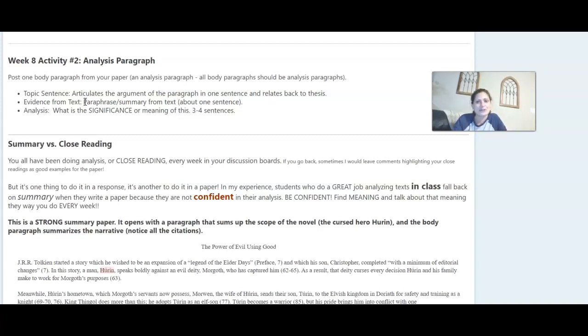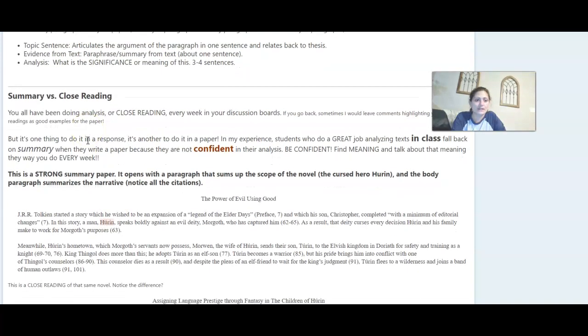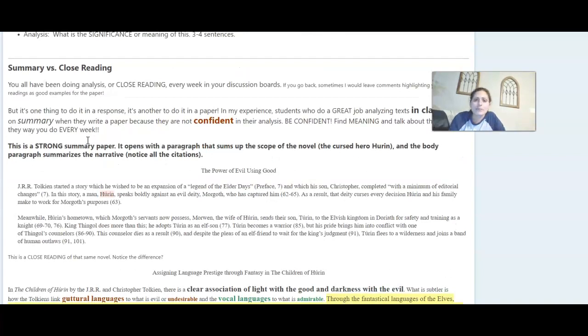because it is, in fact, a close reading paper. To highlight this difference, let's look at the difference between summary and close reading. And remember, you all have been doing close reading every week in your discussion boards. In fact, if you go back and look, this is great close reading. This is the kind of thing you want to do in your final paper. But it's one thing to do it in a response.